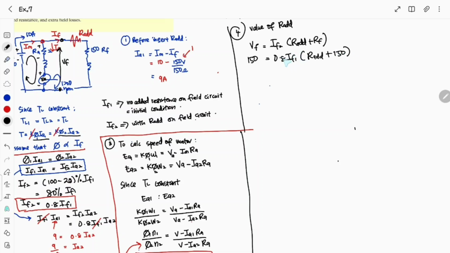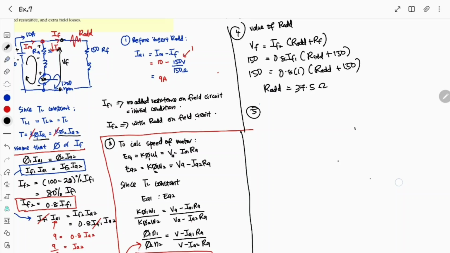What is your IF1 initially? 1 ampere, right? So 0.8 times 1 times RF plus 150. Rearrange the equation and you can find your RF, which is 37.5 ohm. That's your value of additional resistance on the field circuit.